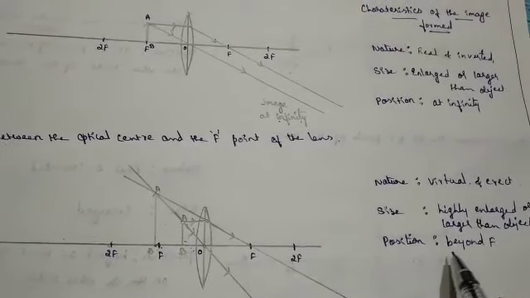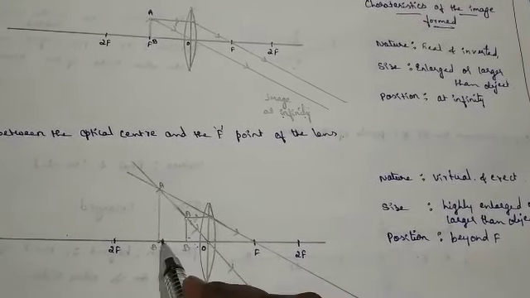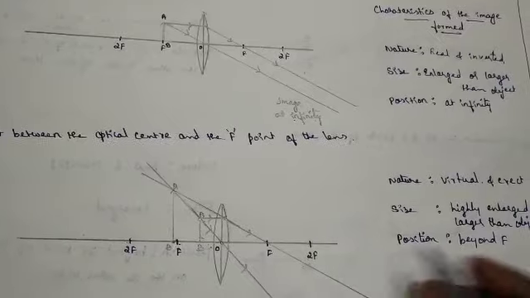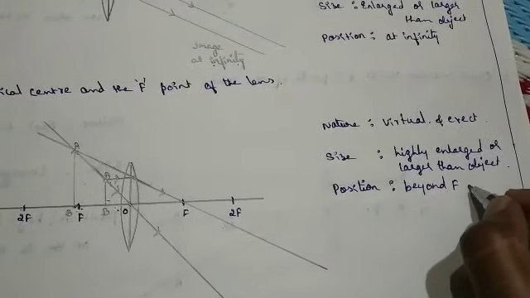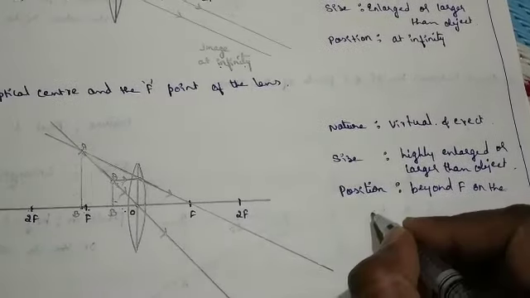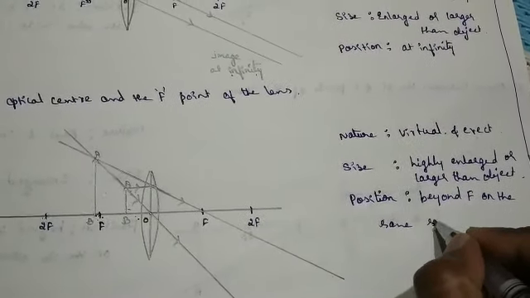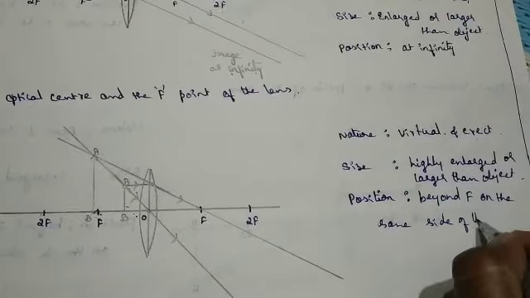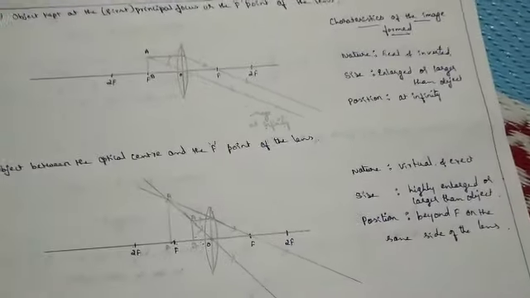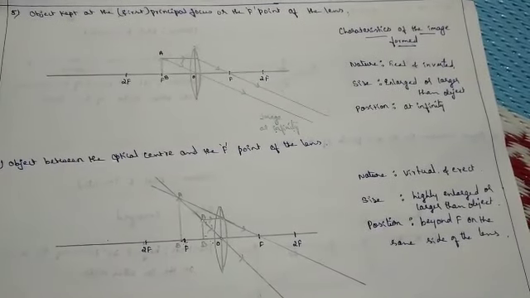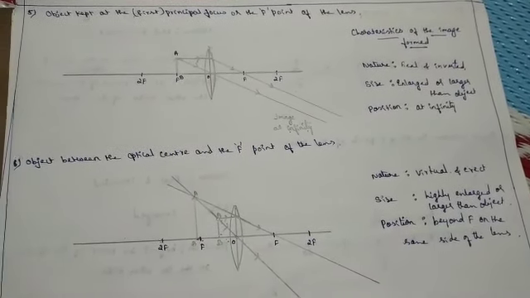Don't worry, just write beyond F. Beyond F means it can be anywhere on this side. Beyond F on the same side of the lens.